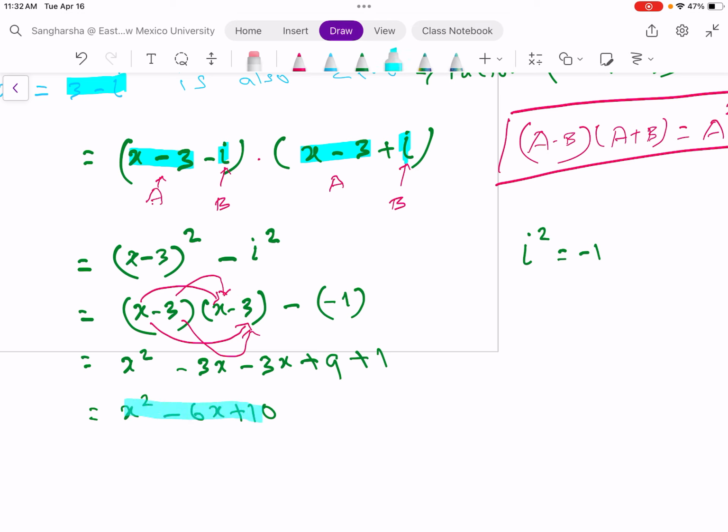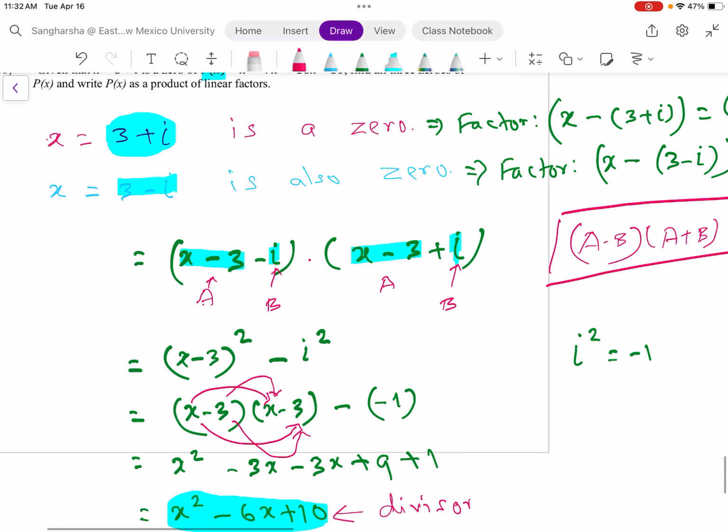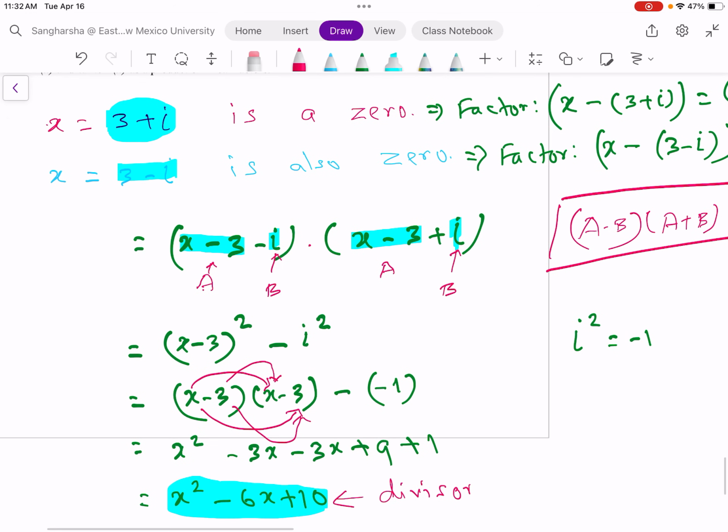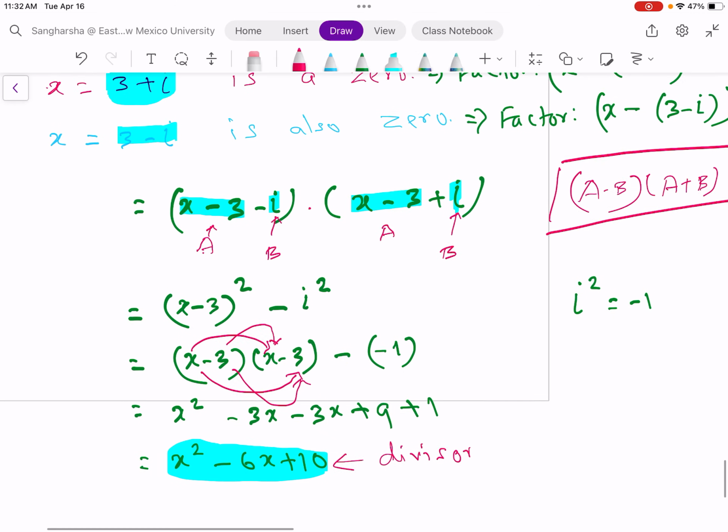Now we take this as our divisor, and divide this polynomial by it, and get the quotient, and the quotient will be our other factor. In this case, can we use synthetic division?